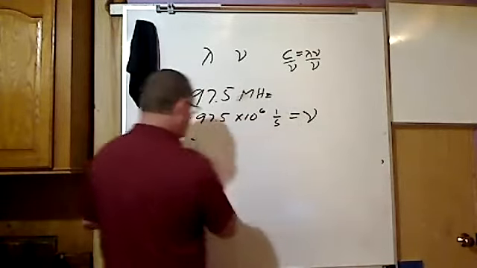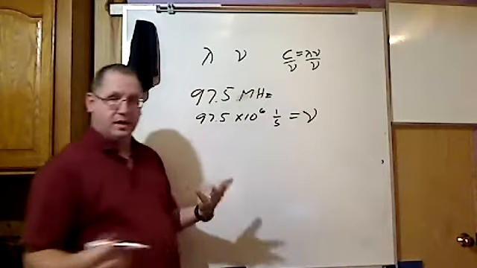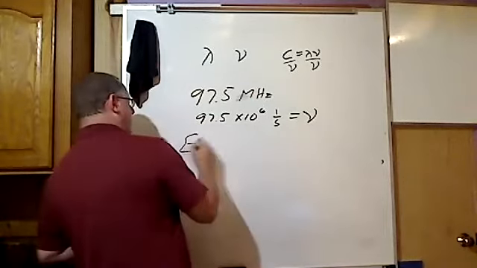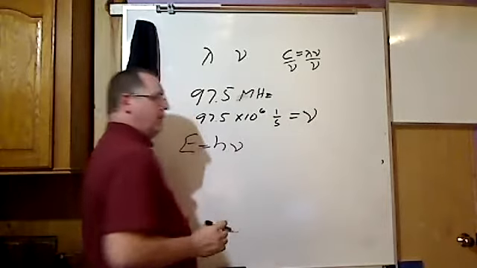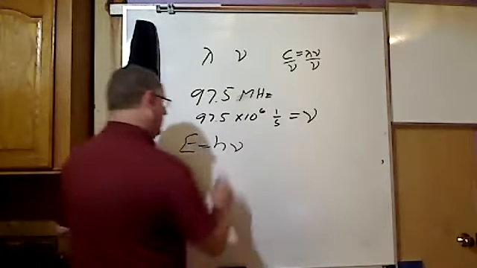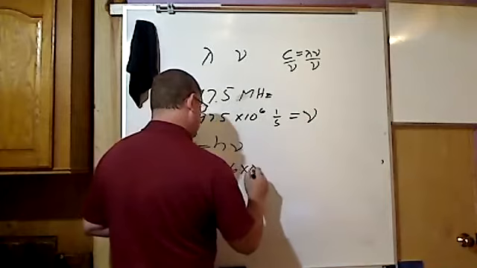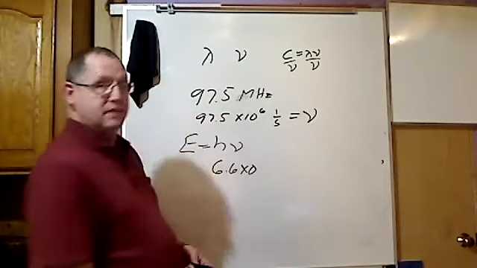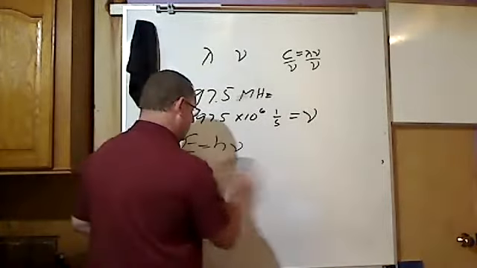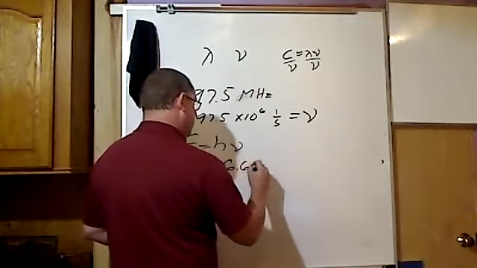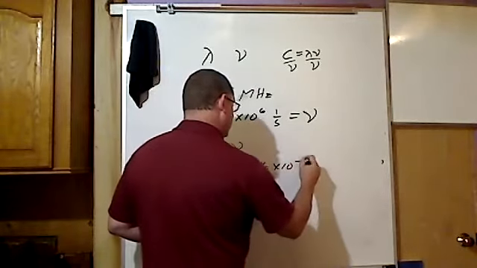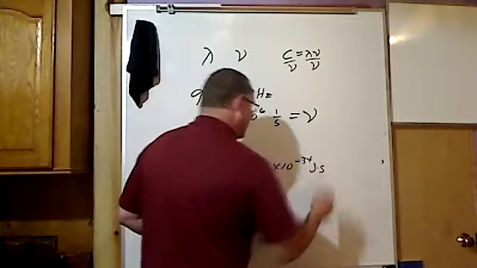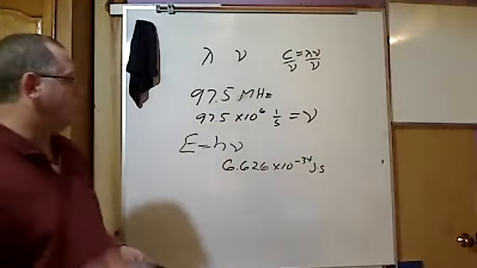But to find the energy, we need to know Planck's constant, and we know E is equal to h nu. h is Planck's constant, 6.626 times 10 to the negative 34 joules seconds, not joules per second, joules times seconds.